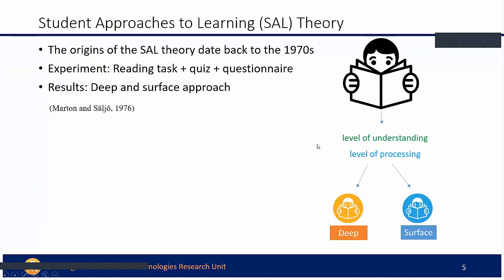So actually, the student approaches to learning theory is one of the oldest learning theories, and one of the earliest attempts by researchers to understand how students approach the reading task. For this, they conducted an experiment where they gave students a reading task, and after that they collected data by using quizzes and a questionnaire to understand their level of understanding or level of processing.